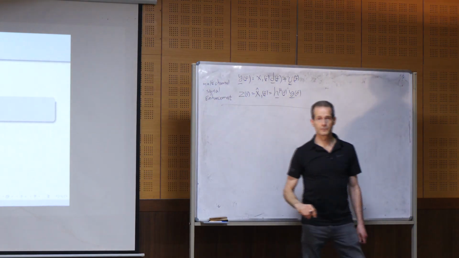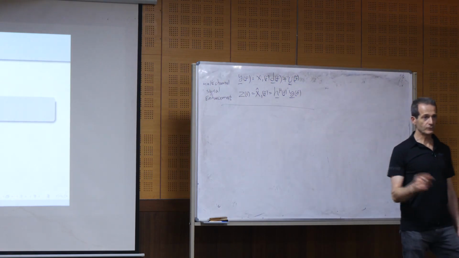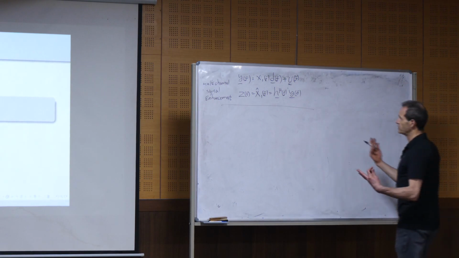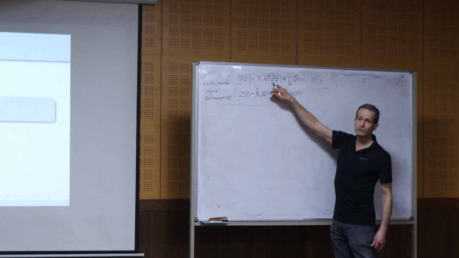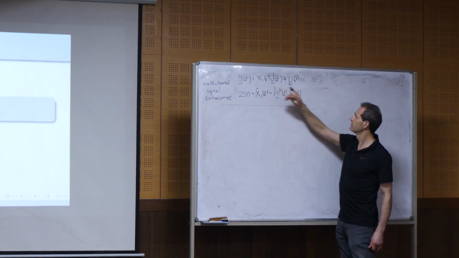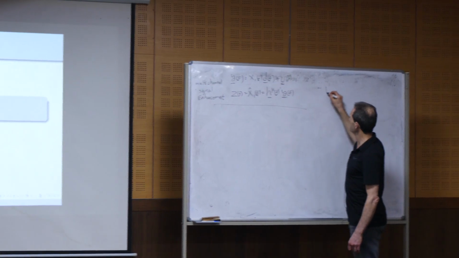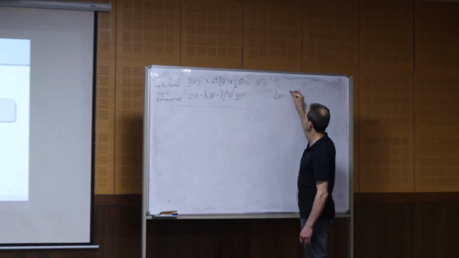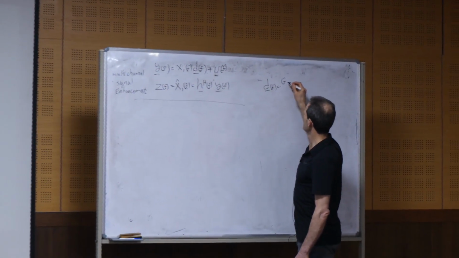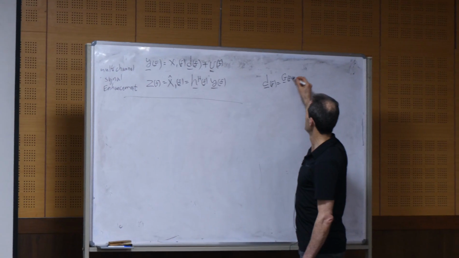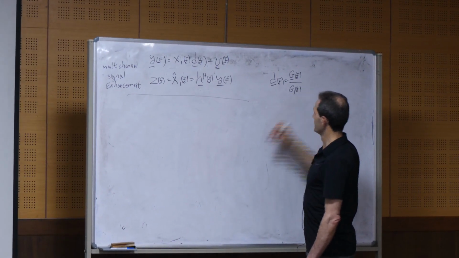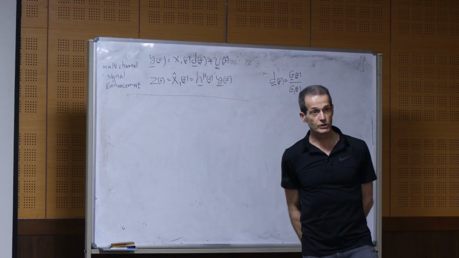Now, which information did we use? Okay, so we used information about the relative transfer function. This is the information that we use. Relative transfer function, which is an important part.